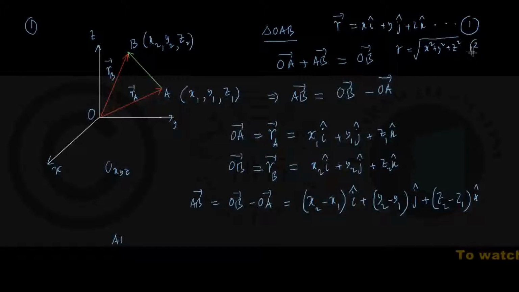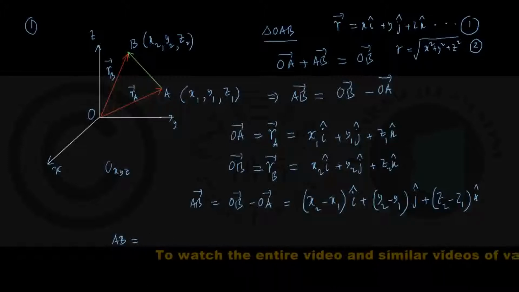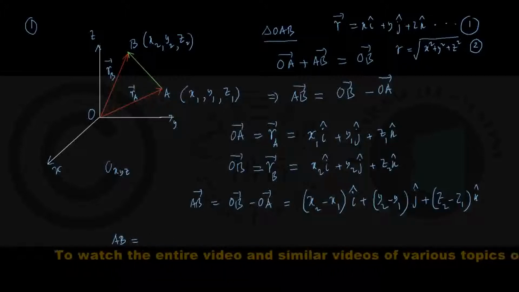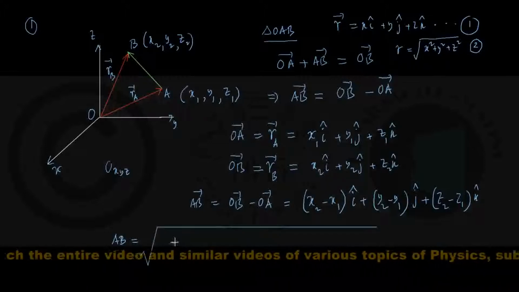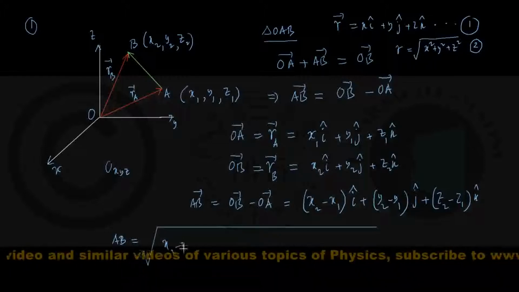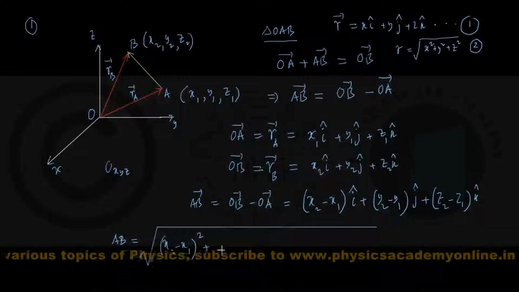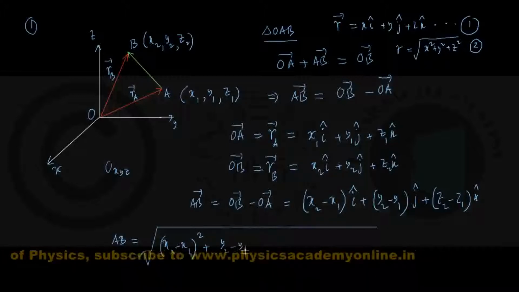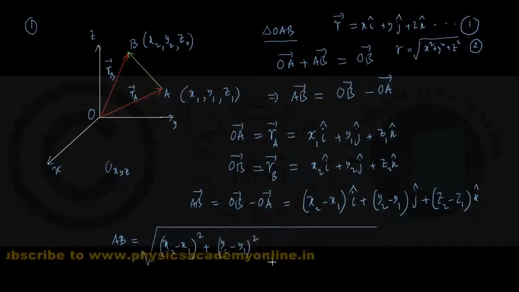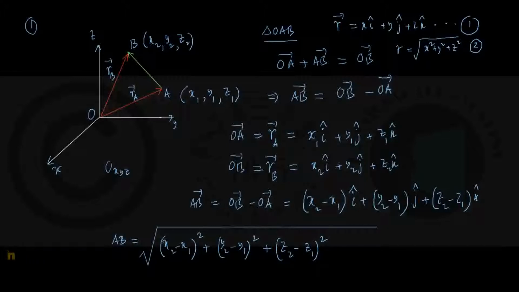If we make use of this, I could write further that the length AB, that is the magnitude of the vector AB, can be written as the square root of x2 minus x1 whole square, always keep in mind what quantities represent what, plus y2 minus y1 whole square plus z2 minus z1 whole square. That is the length of AB, as equation number 2 will corroborate.